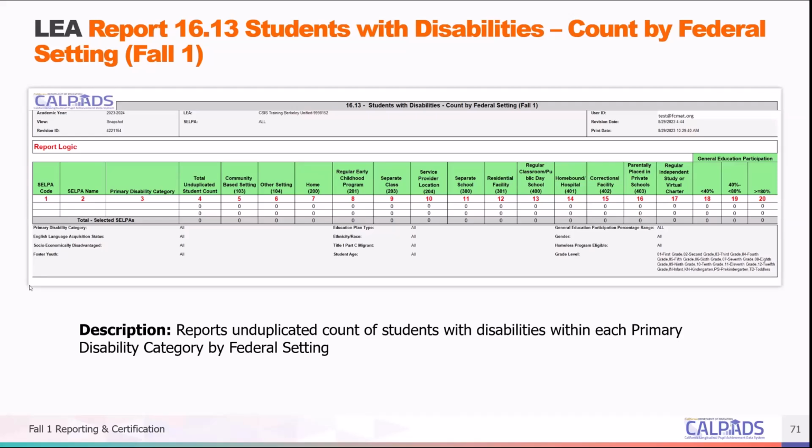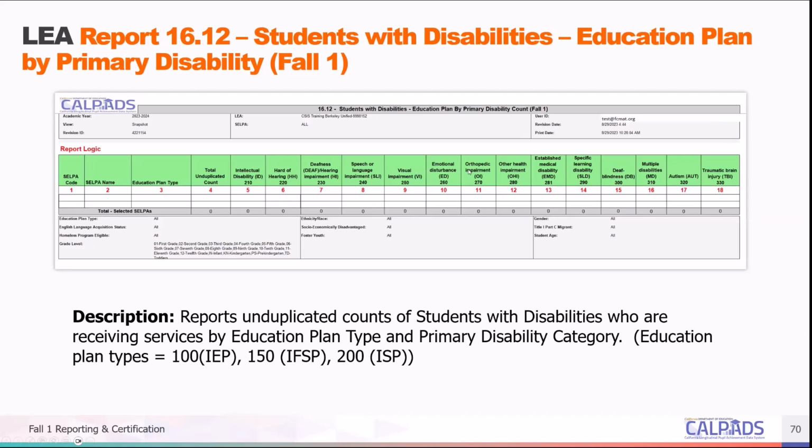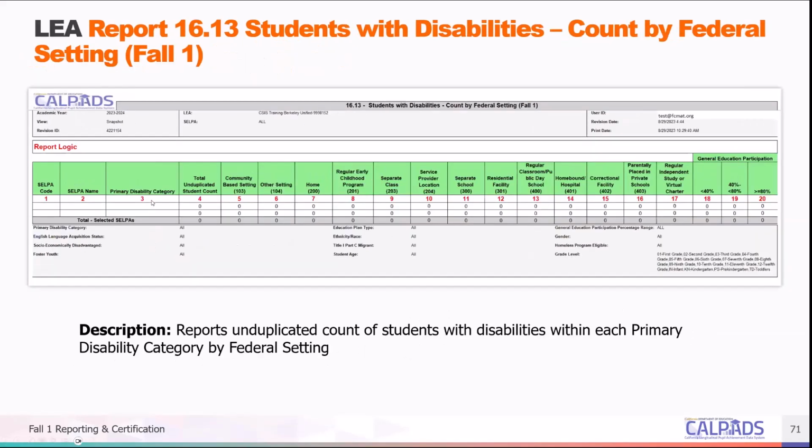Again, you have your primary disability category. So here you would see a count of the number of students in each disability category. On report 16.13, you'd have the disability category listed here in column 3. Then you would see that count, which should reflect 16.12, in column 4.